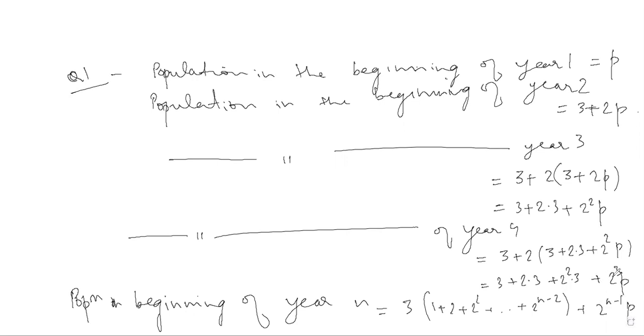Okay, because see, this was year number 4, so the power of 2 is 3. So for the beginning of year n, the power of 2 here will be n minus 1. And here, if we take 3 common, for year n, this will be 1 plus 2 plus up till 2 raised to n minus 2. Okay.